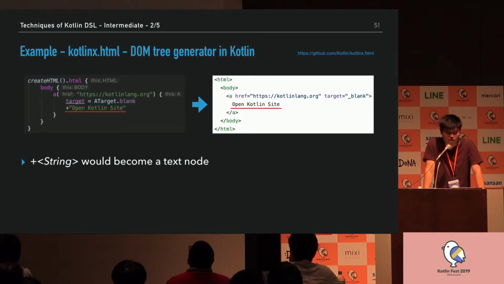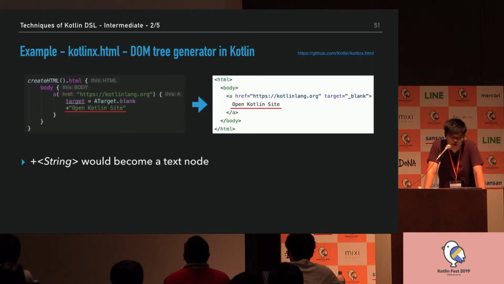But look at the text, which is "open Kotlin site" in the left figure. The Kotlin code is a plus operator with the "open Kotlin site" string. Not like a text function, but it's represented by text in the DOM correctly in the right figure.